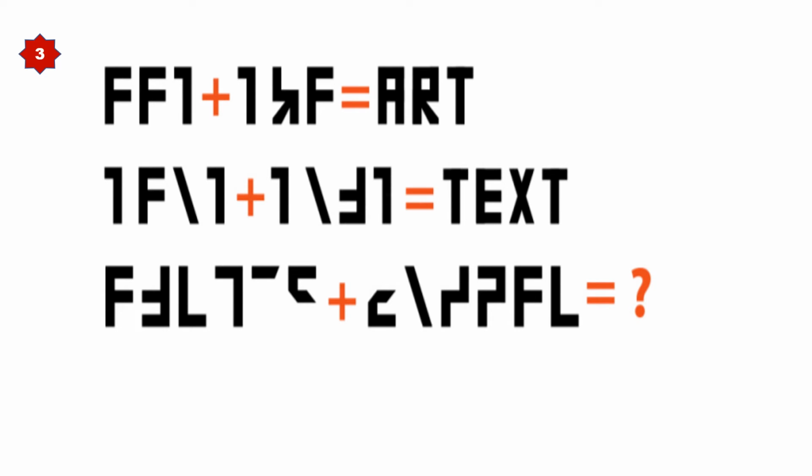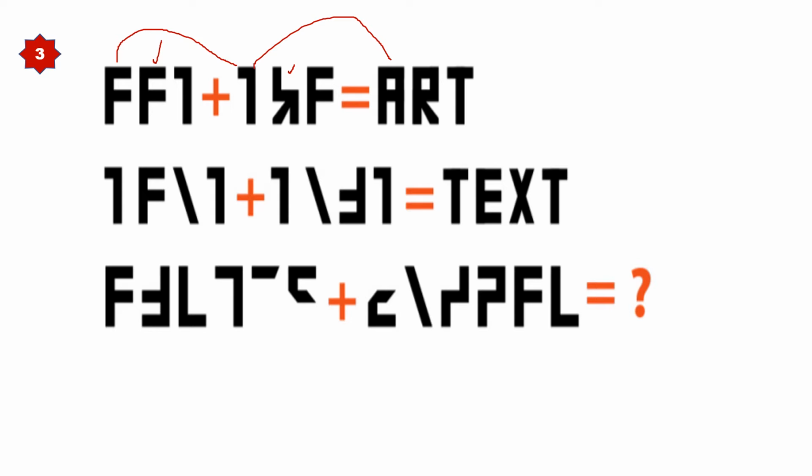Okay, now let's see the third question. Here we can see this and this thing will be joined to form what? A. Then this one and this one, how can it be connected? Just imagine.